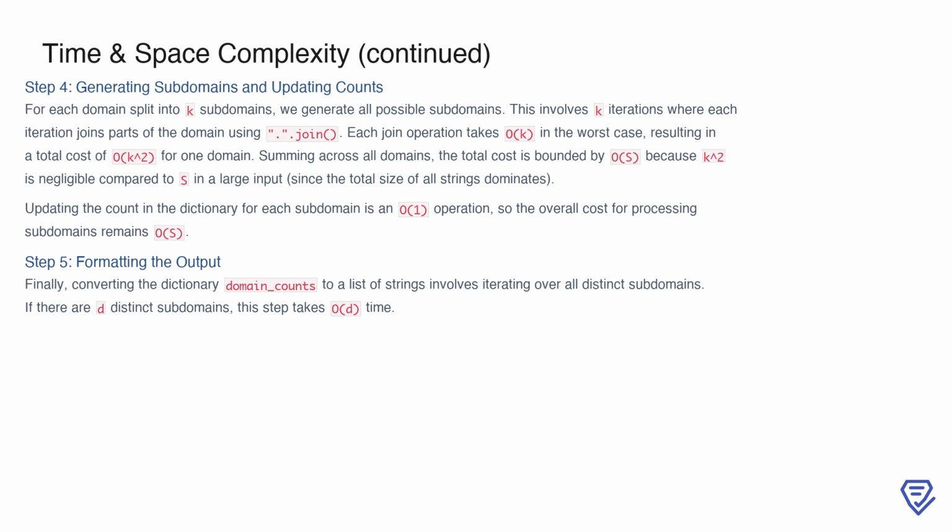Updating the count for each subdomain in a dictionary is an O(1) operation, so processing all subdomains collectively also takes O(S). Lastly, when formatting the output, we convert the dictionary domain_counts into a list of strings. If there are D distinct subdomains, this step requires O(D) time. Each of these components contributes to the overall efficiency of the solution.